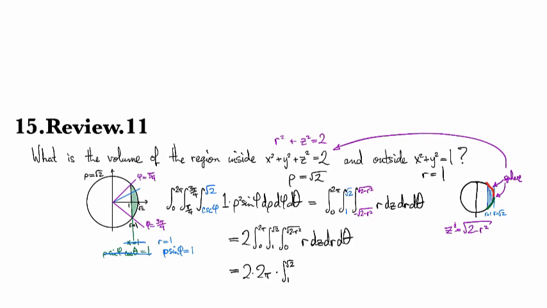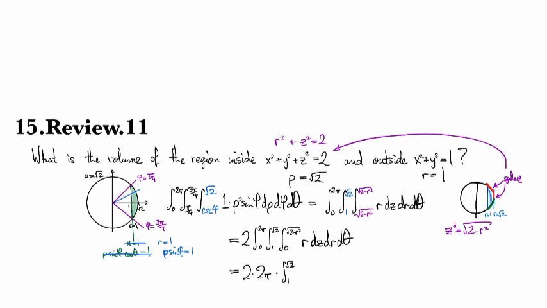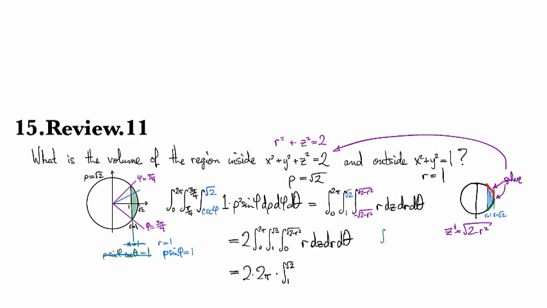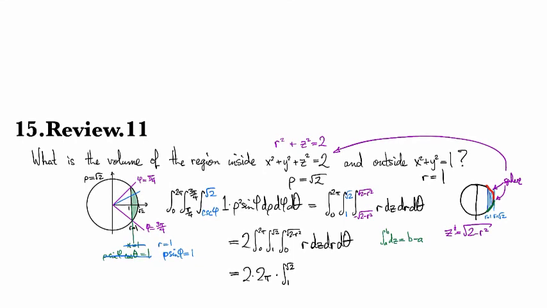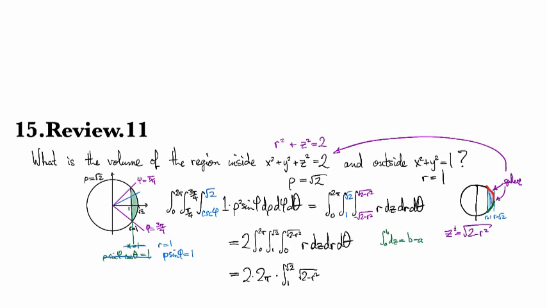So now I'm just integrating z, and when you're integrating something from a to b dz that looks like this, you're just going to get b minus a, right? So in this case, b minus a looks like root 2 minus r squared minus 0.